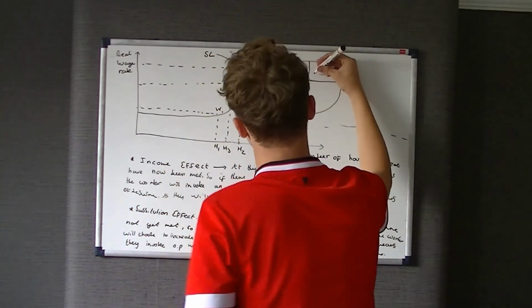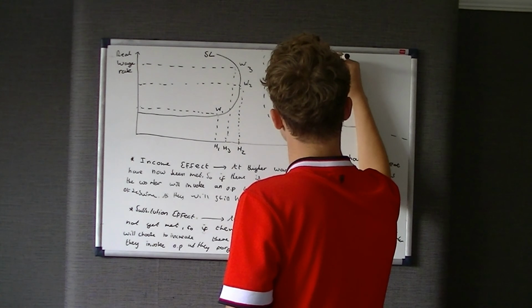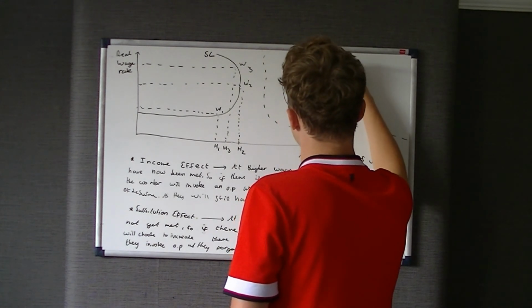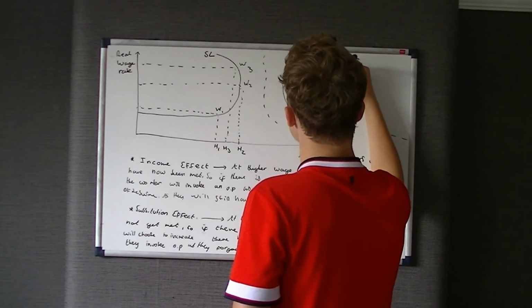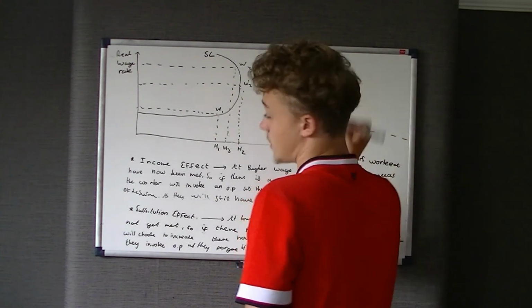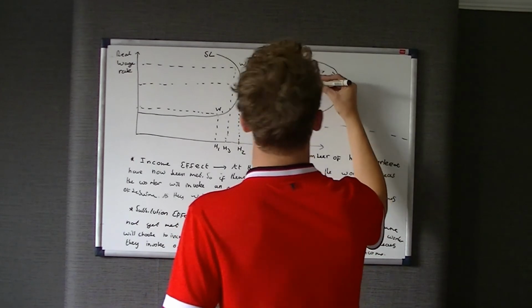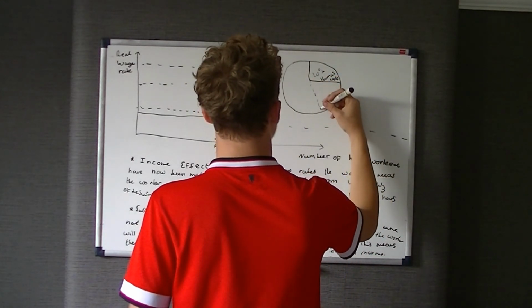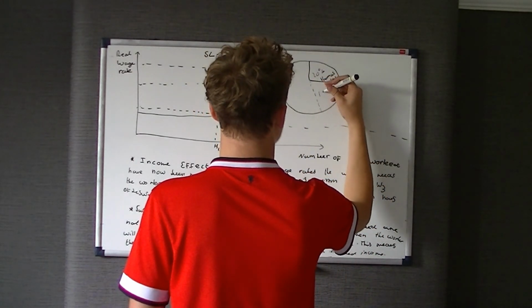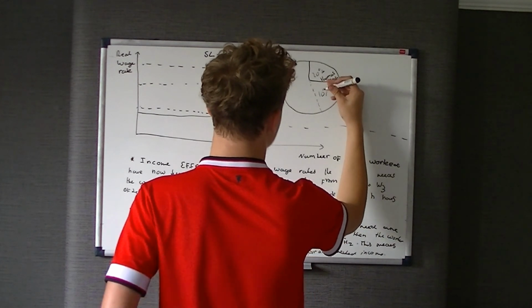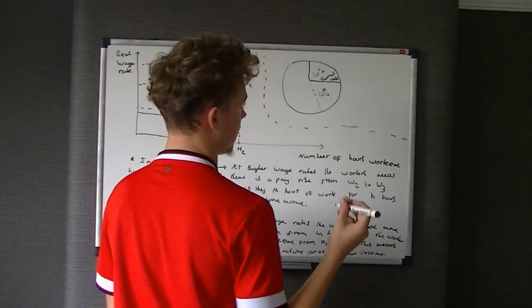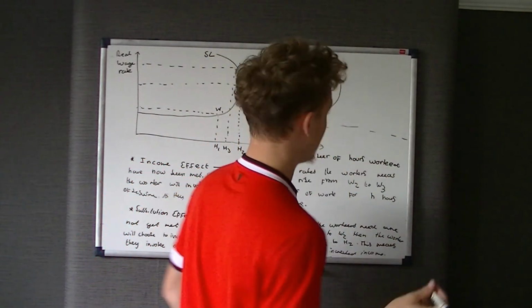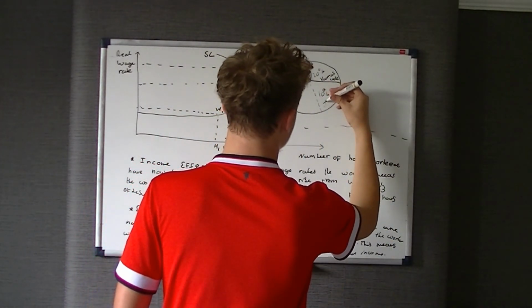So say 20% of the market is taken up by Thomas Cook. This is hypothetical, by the way, you'll be given these figures. 20% of the market is taken up by Thomas Cook. 10% of the market is by, I'm going to make these up now, Johnson's.